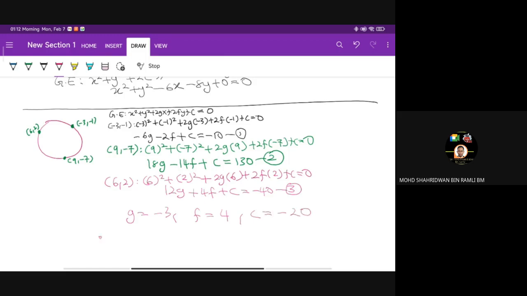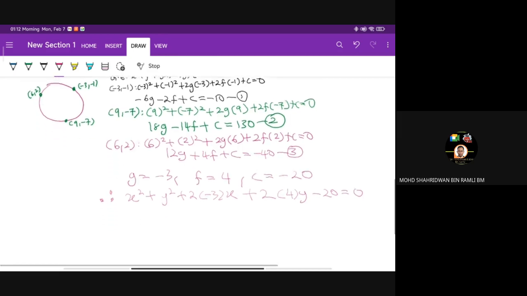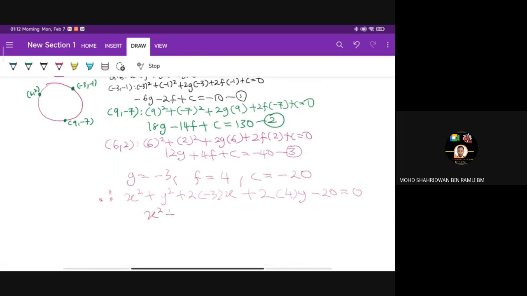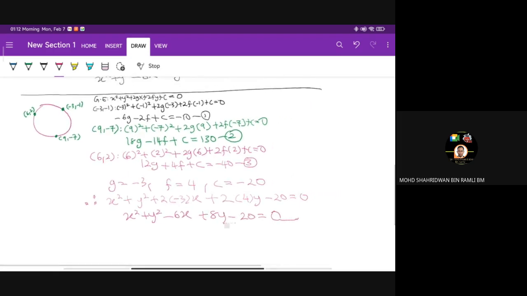And lastly, when we write into the general equation, we will have x squared plus y squared plus 2(-3)x plus 2(4)y plus (-20) equals 0. And then our final answer will be x squared plus y squared minus 6x plus 8y minus 20 equals 0.